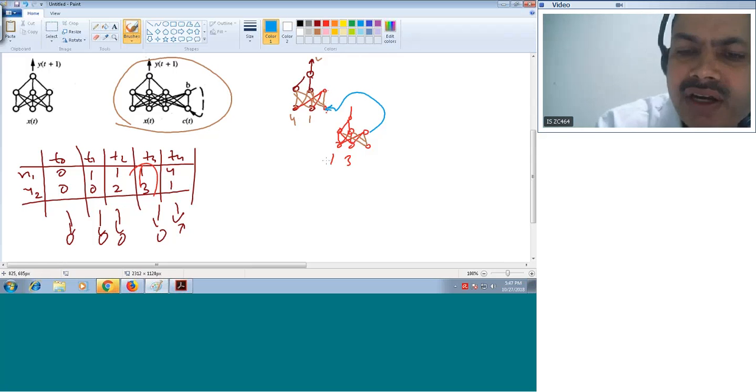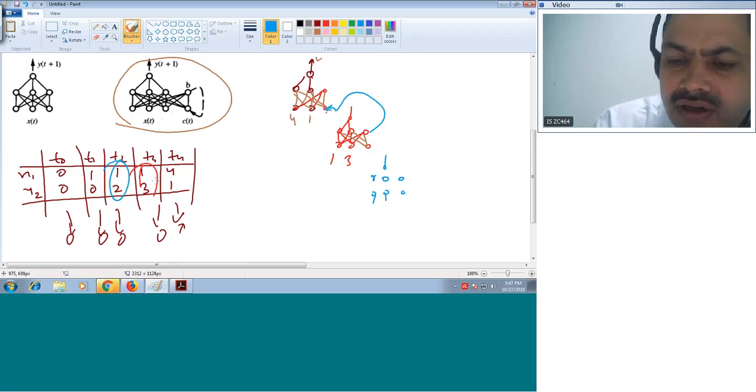Similarly you can extend it further. Let's assume that in the previous time you had 3 things again, and at that time you fed 1 and 2. At that time this was also being provided.